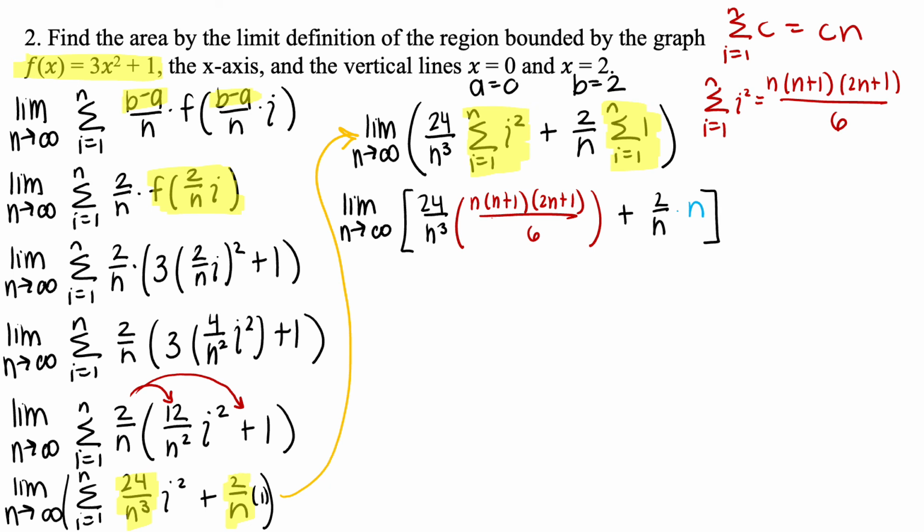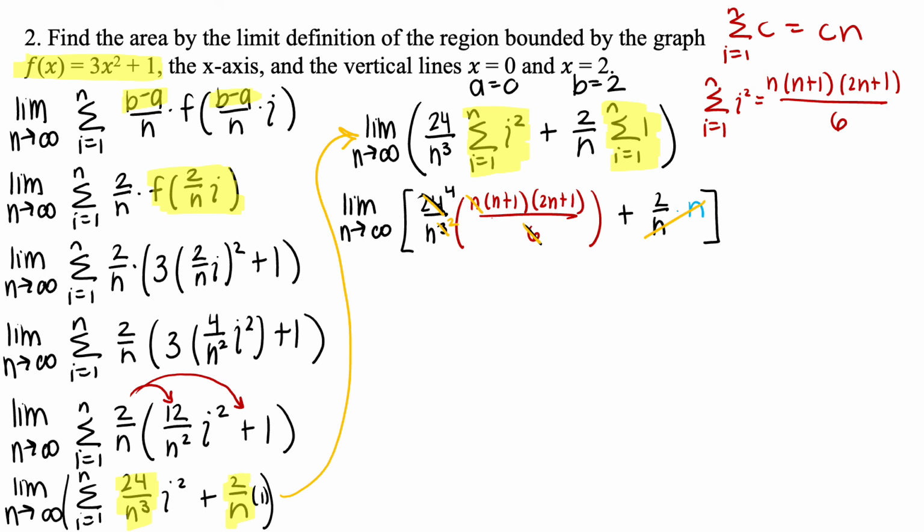Now that we've taken it out of that sigma notation, we can just go ahead and simplify this as best as we can until we can apply our limit. A couple of things we can cancel right away. I know that 6 goes into 24 4 times, and I see an automatic n I can cancel here, and an automatic n I can cancel here.